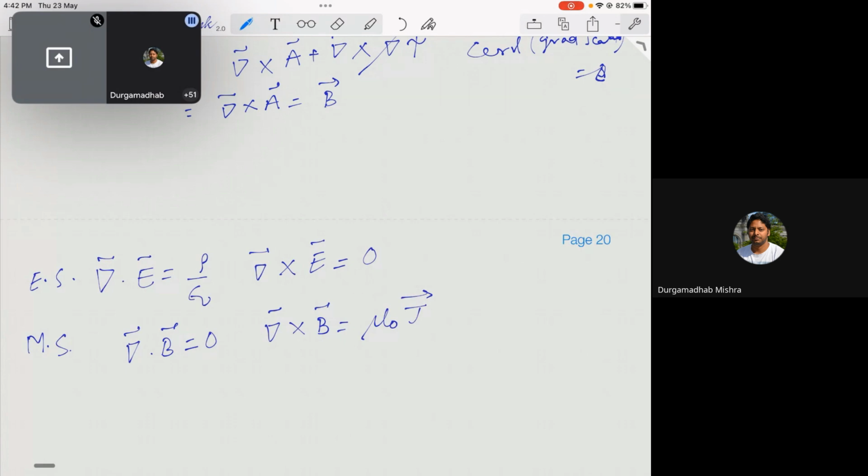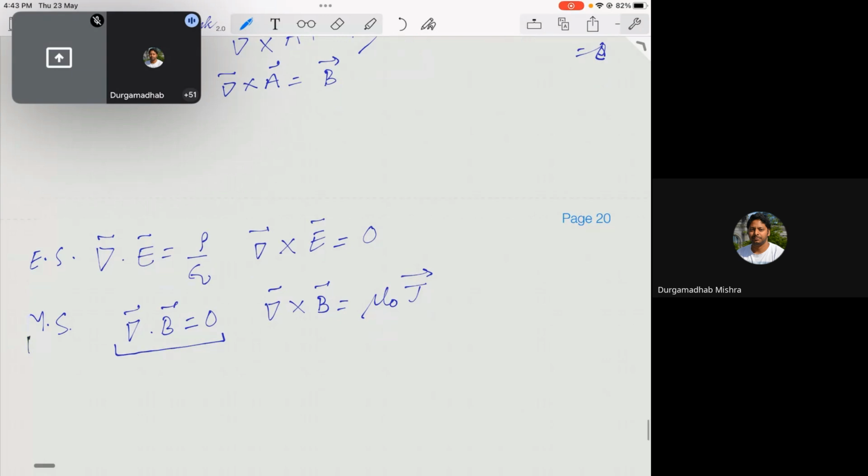So in magnetostatics, there is another interesting quantity that appears quite often, particularly because of this condition, del dot B equal to 0. As we said, an isolated magnetic charge cannot exist. So that means whenever we say there is a magnetic field, it is produced not due to a magnetic monopole, but due to a magnetic dipole.